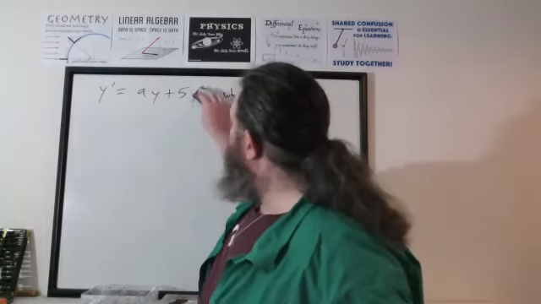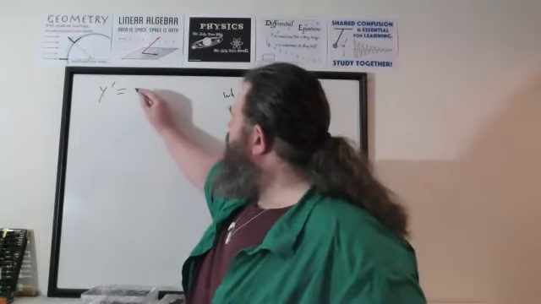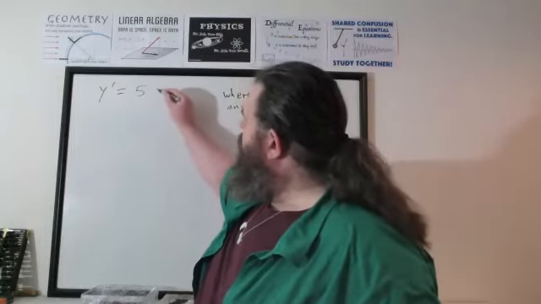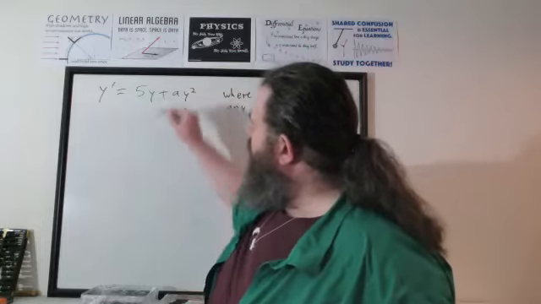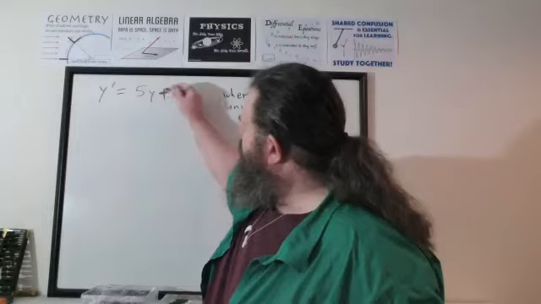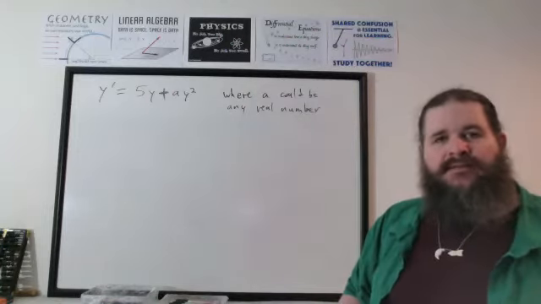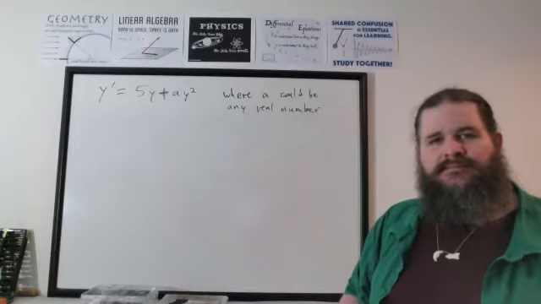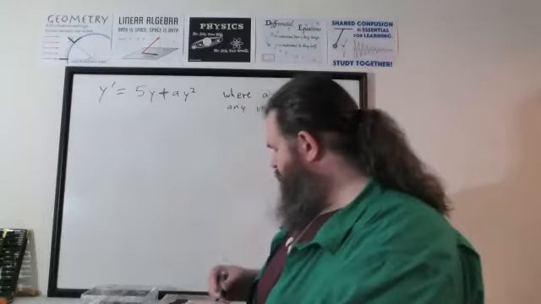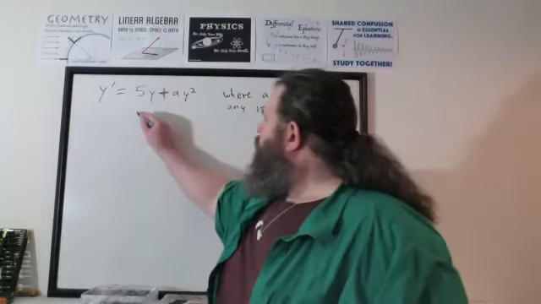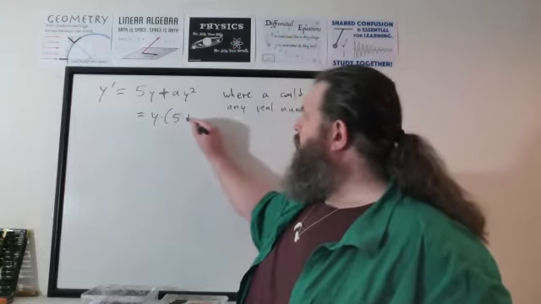Let's say we have 5y minus ay squared, or plus ay squared. In that case, when we factor that, what would it look like? Yeah, y times 5 plus ay.